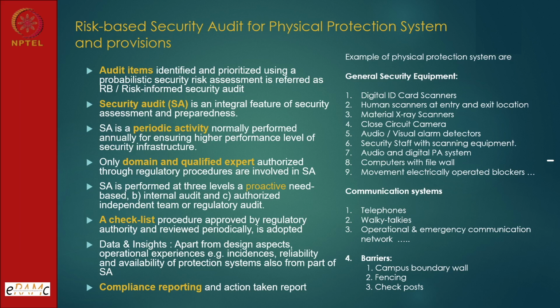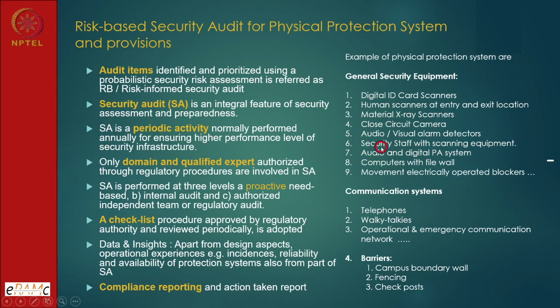Example of physical protection system, just for the sake of completing: we had digital ID card scanners, human scanning at the entry and exit locations, X-ray scanners, as you can see at airports. Closed circuit cameras are available, audio visual alarm detectors, security staff with scanning equipment.